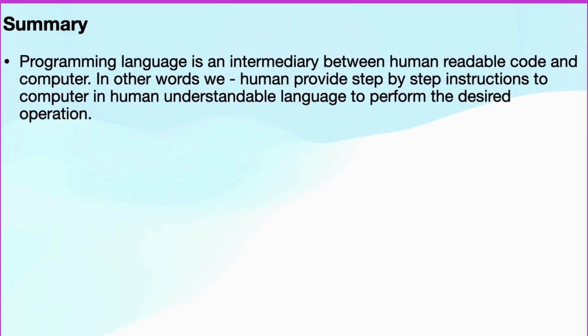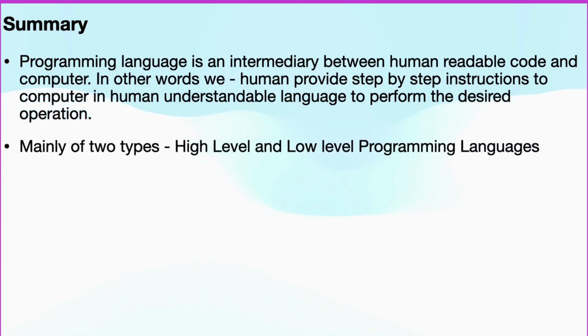So if we summarize what we discussed in the previous slide, a programming language is nothing but an intermediary between human readable code and the computer. In other words, we, the humans, provide step-by-step instructions to the computer in a human understandable language to perform the desired operation.